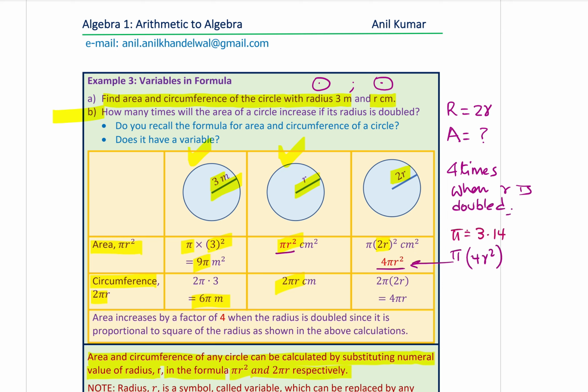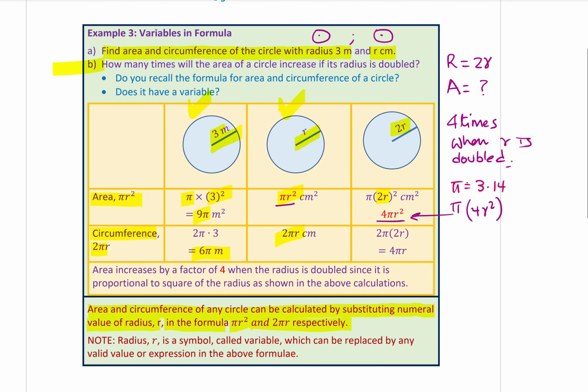Now, we also saw that the radius r is a symbol and it is called a variable, which can be replaced by any valid value or even an expression. So you see, instead of r, we wrote 2r.